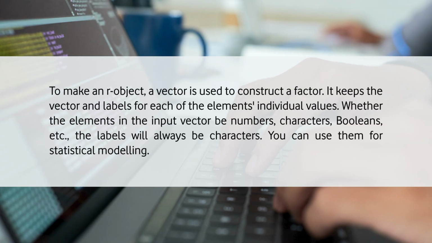So by using different vectors you can form a factor. I'll tell you with an example what I mean by this. It keeps the vector and labels for each of the elements. That is the defining feature of factors, that it keeps the record of the vectors that are being stored, and it also stores something called levels.